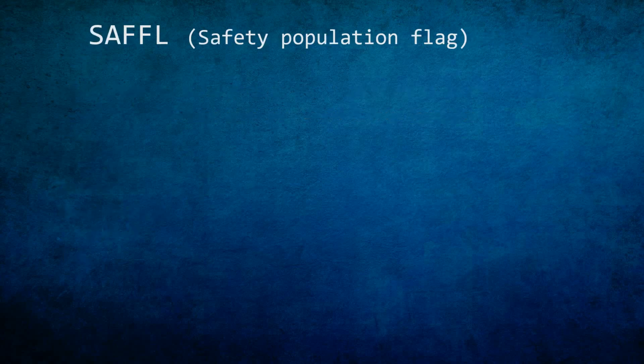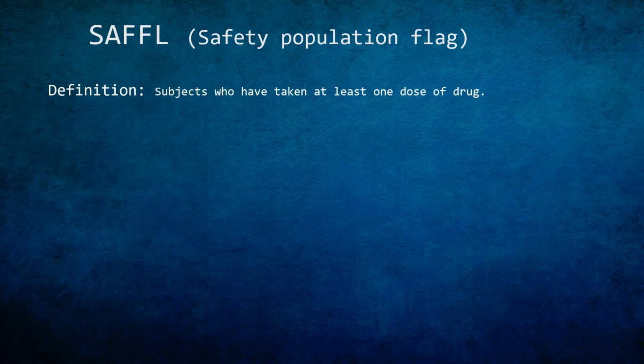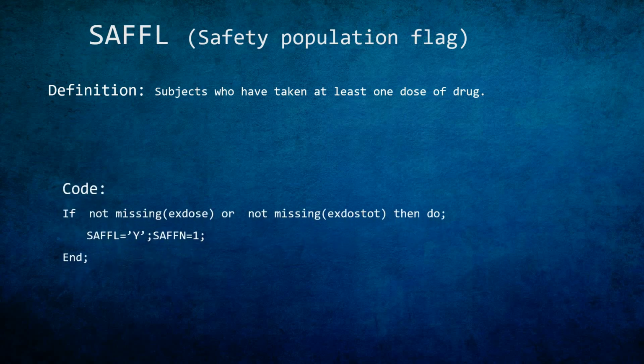The next flag is the safety population flag, and the definition says subjects who have taken at least one dose of drug are the safety population. The code is: if EXDOSE is not missing, or EXDOSE is not missing, then the safety population flag equal to Y, else N, and we can create the respective numeric values for the flag.